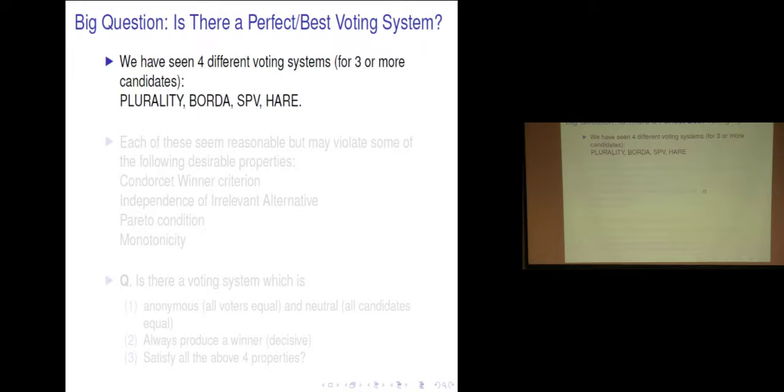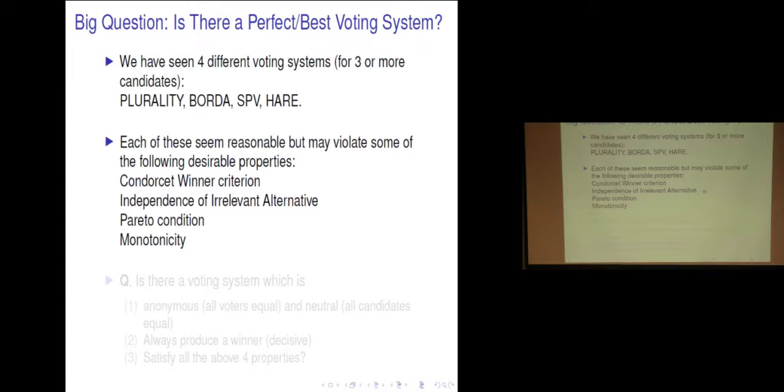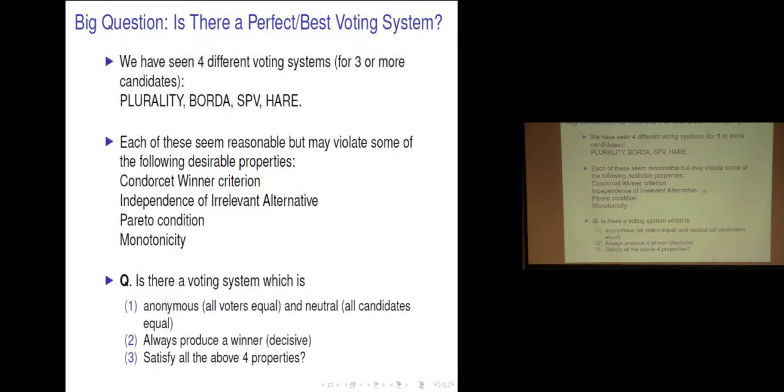But these four are probably actually used. Each of them seems reasonable, but may violate some of the so-called desirable properties. So sometimes it's Condorcet, sometimes it is IIA, sometimes it's Pareto, sometimes it's monotonicity, right? So now the question is, again, is there a best system?